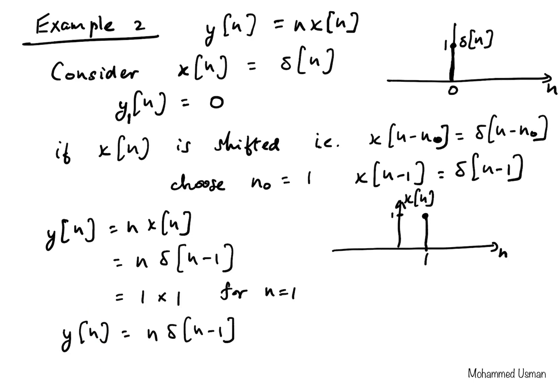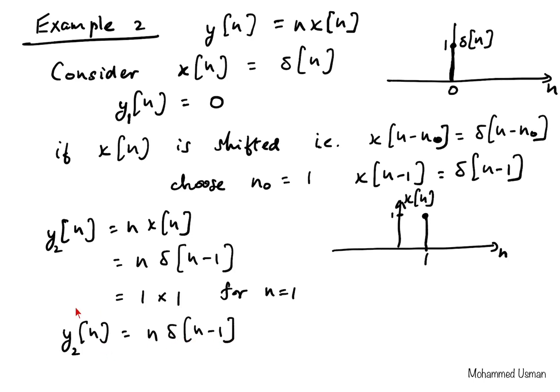The output that we get here, we'll denote as y2 of n. The y2 of n that we have here is clearly not a shifted version of the original output, because the output is 0 when the input is delta of n. But when the input is delta of n minus 1, the output is n times delta of n minus 1.